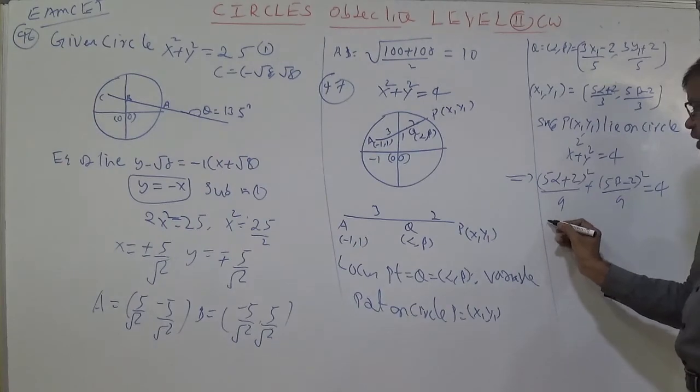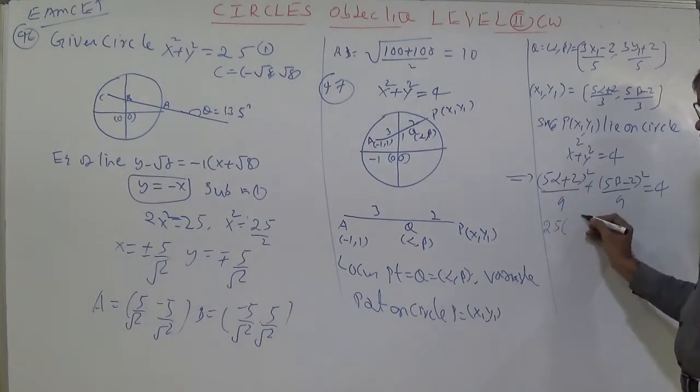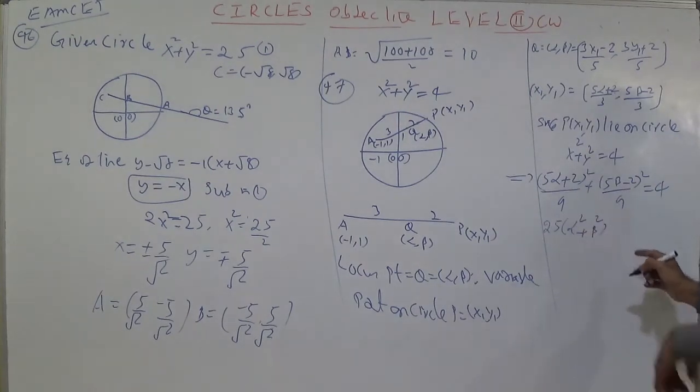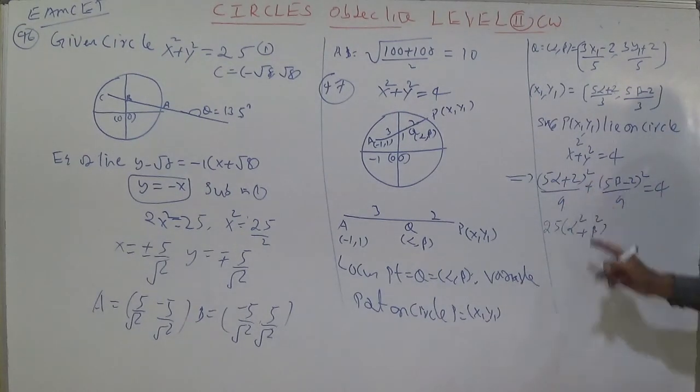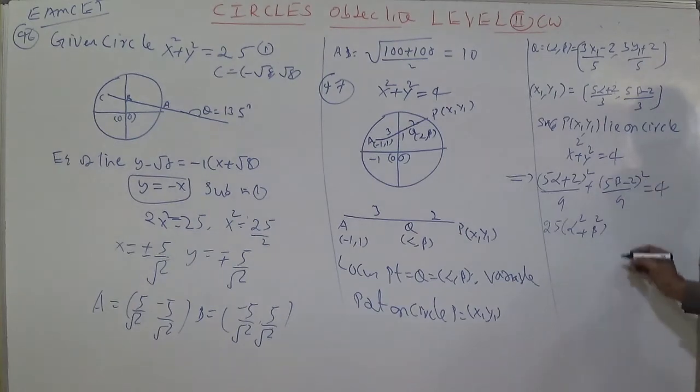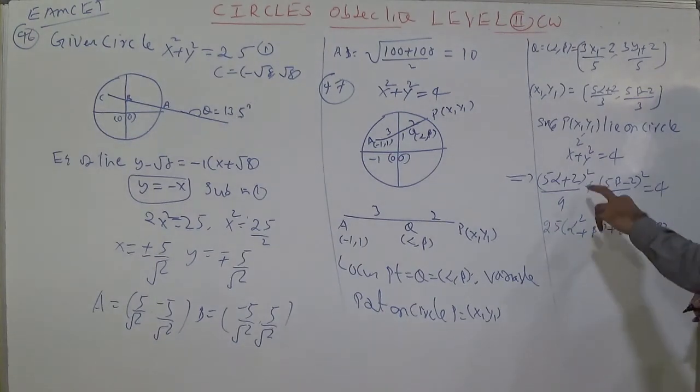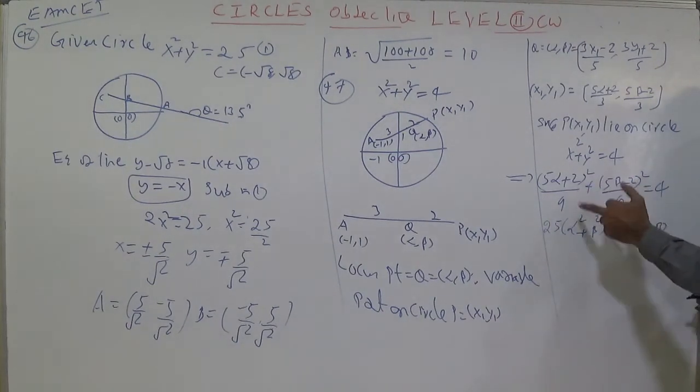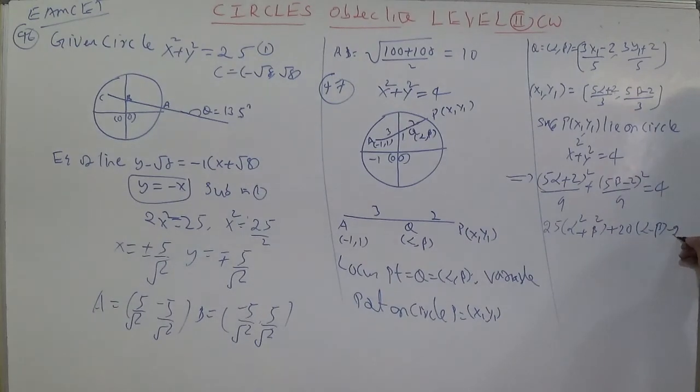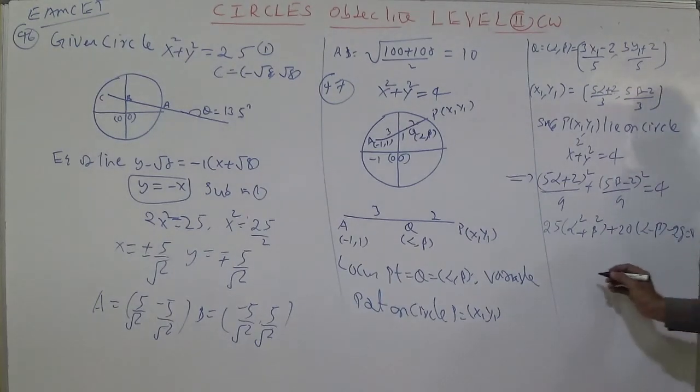Now expanding like this: 25 into (alpha square plus beta square), plus 20 alpha minus 20 beta, plus 4 plus 4, 8, minus 36. 8 minus 36 is minus 28, equal to 0.